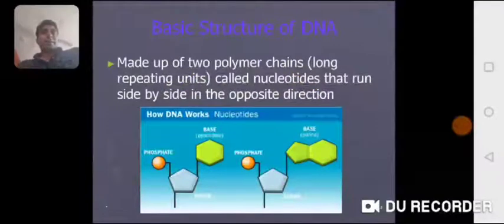Basic structure of DNA. DNA is basically made up of two polymer chains, long repeating units called nucleotides, that run side by side in the opposite direction.